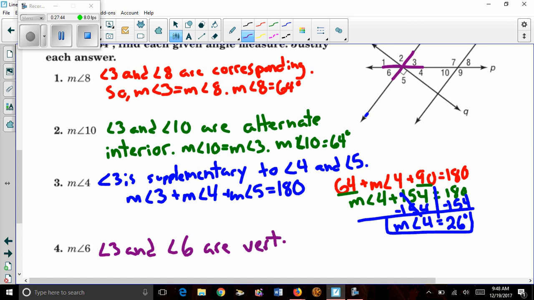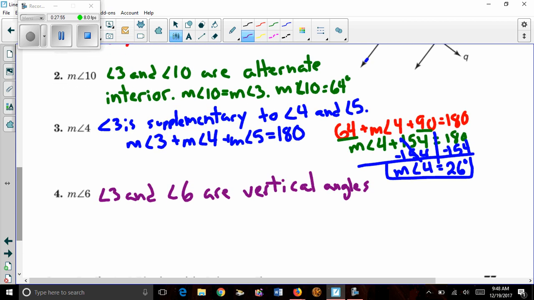I think of vertical angles as being opposite angles. When we have two parallel lines cut by a transversal, vertical angles give us that the measure of angle 6 equals the measure of angle 3. So the measure of angle 6 equals 64 degrees.